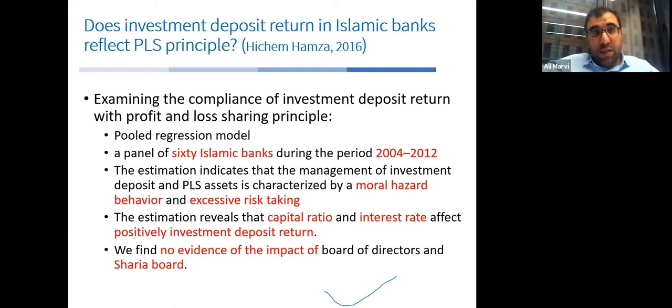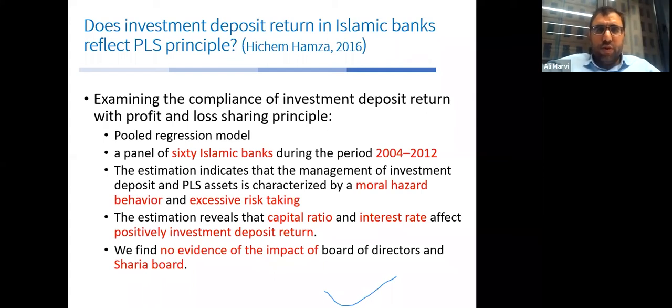And he also examines the compliance of investment deposit return with the profit and loss sharing principle.